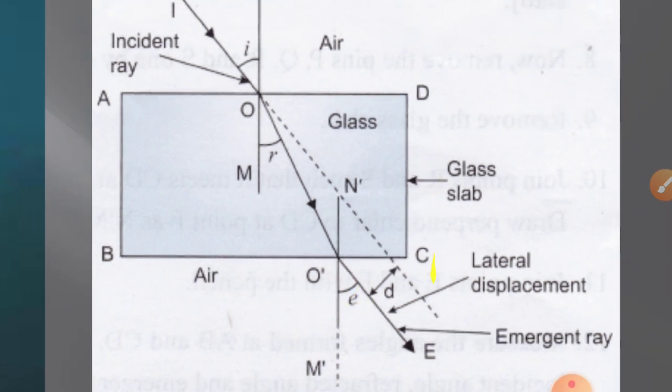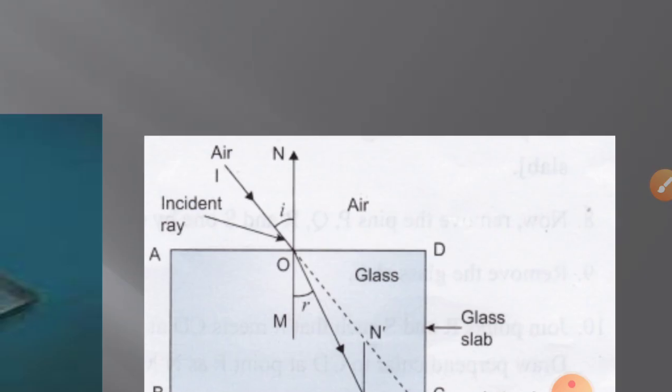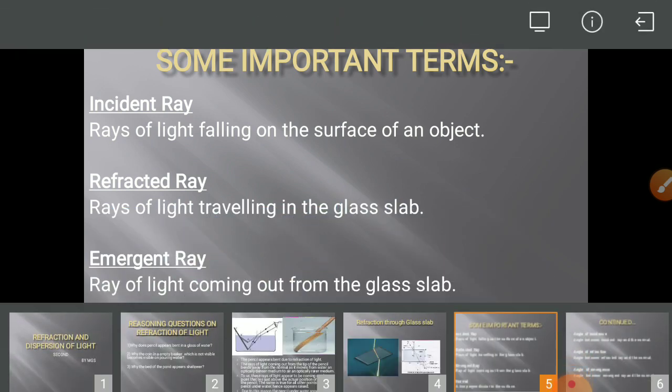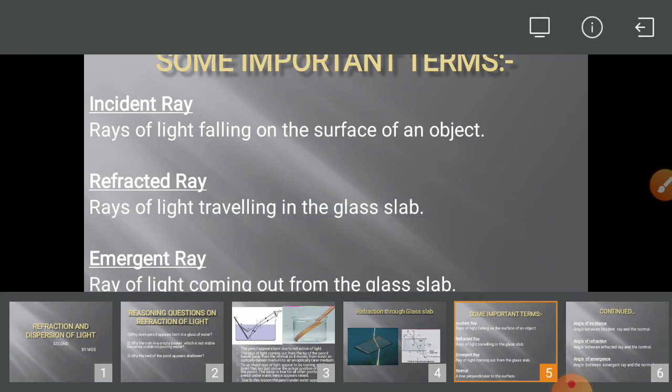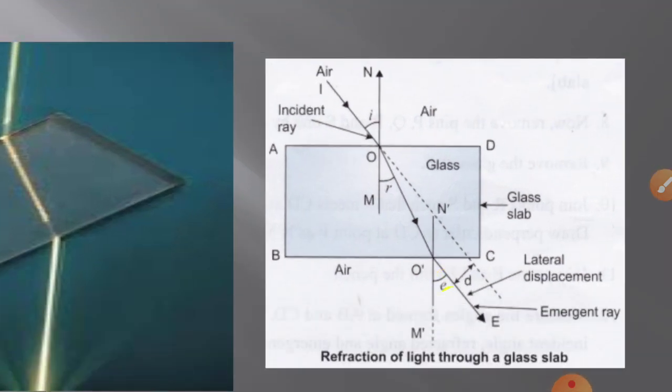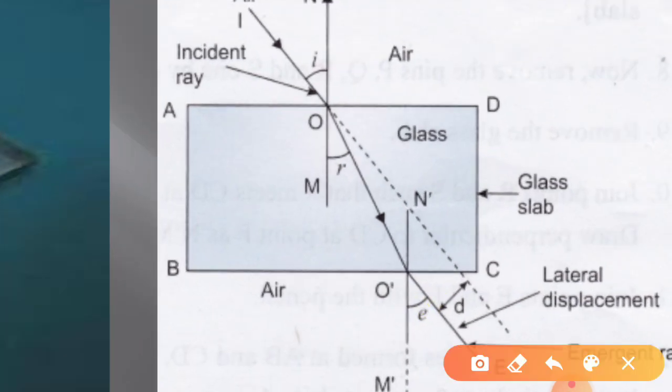So how to answer? Let us see. ABCD is a glass slab, and a ray of light falling on the surface of the glass slab is known as the incident ray. So this is your incident ray.